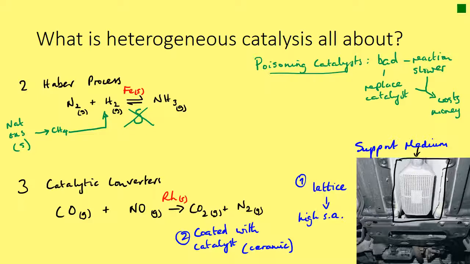The other example is here with lead. So lead, Pb, is lead. And this is a bit of an old-fashioned bit of information, to be honest. But if there was lead present in our catalytic converters, that would poison our rhodium. So the lead would bind onto our rhodium surface and inhibit the conversion of carbon and nitrogen monoxides to carbon dioxide and nitrogen. So we're going to draw a cross through our lead there. Where might that lead come from?